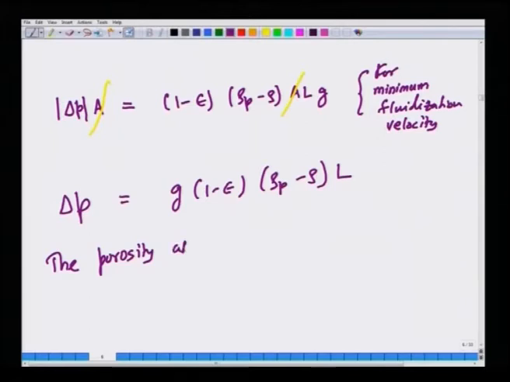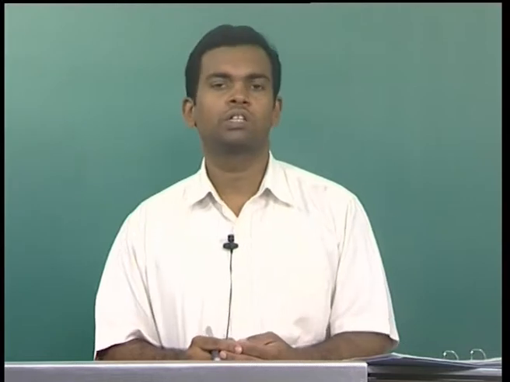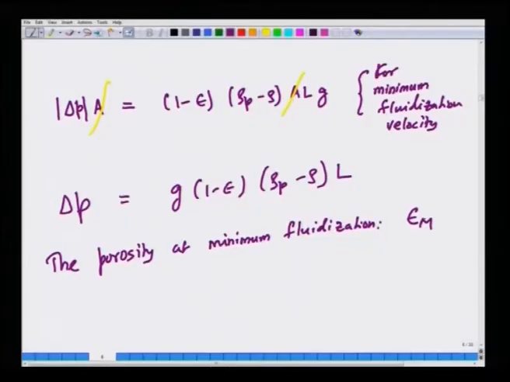The porosity at minimum fluidization velocity is denoted as epsilon m, because when the length of the bed increases, the porosity will also increase. Because the solids content is the same, we are not putting any solids into the system, therefore the porosity has to increase. So, let us call that epsilon m, the minimum porosity at the onset of fluidization.